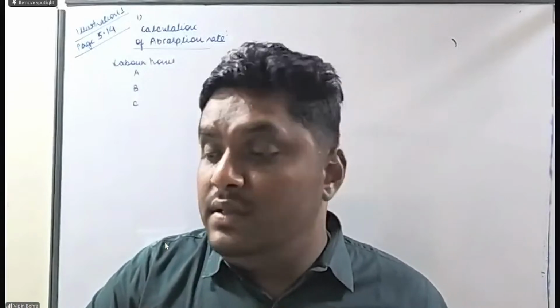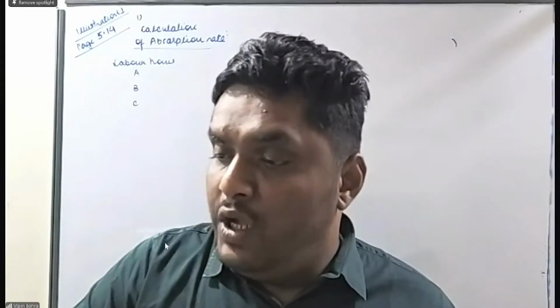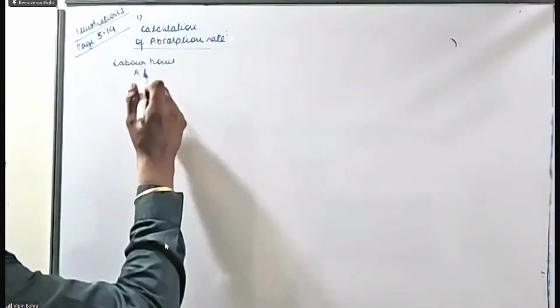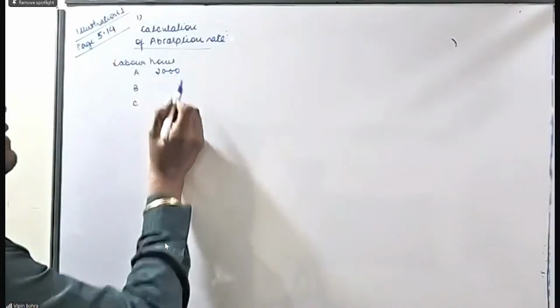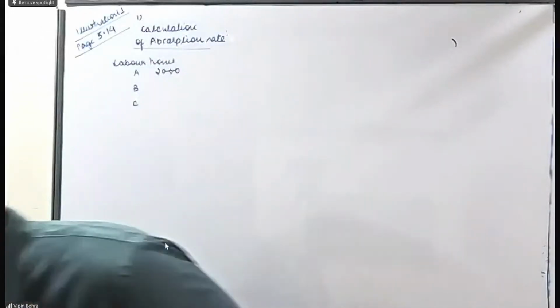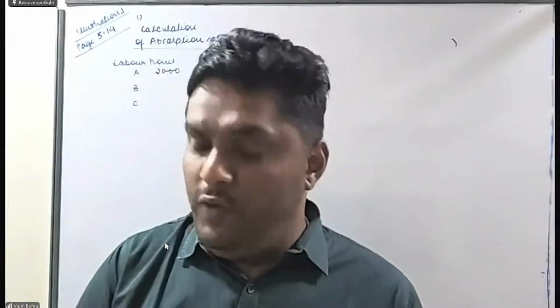For A, one unit requires 30 minutes. एक यूनिट बनाने में 30 मिनट लगता है. So when talking about the production, 4,000 units were manufactured. So when talking about the total labor hours, it will be 2,000 hours for A. When talking about B, each unit requires 45 minutes.